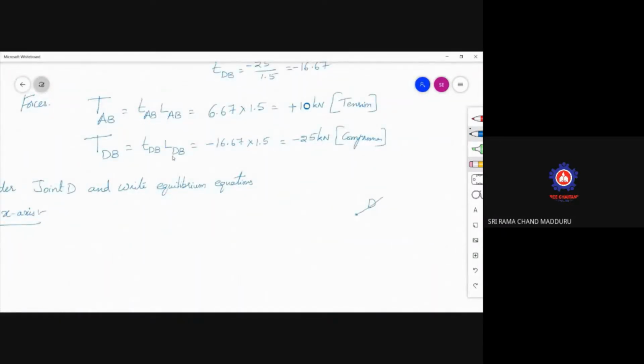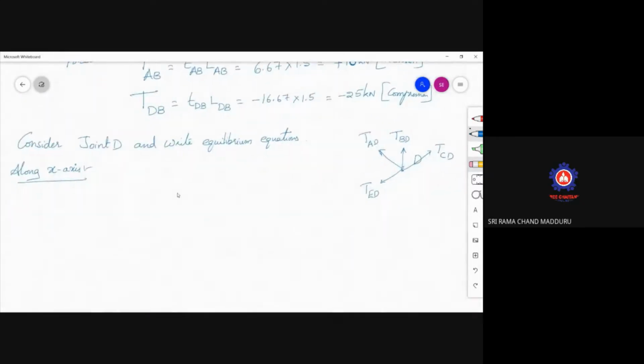This is the tension force of CD, a vertical force, this is TBD, here this is TED, and here TAD. Now we will write down the equilibrium equation along the x-axis. So along the x-axis, I will start from here: XE minus XD into TED. That's why I am saying write the second term as the joint where you are writing your equilibrium equation.